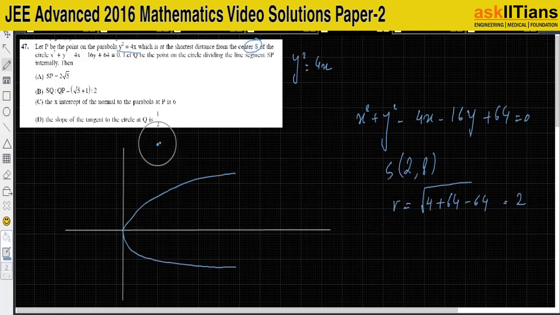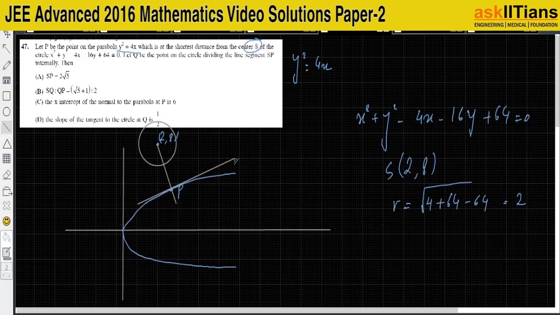Yeah, this center is 2, 8, and from here there is a point P which is at the shortest distance, right? So point P will be along the common normal, right? Shortest distance is always along the common normal. So this line is normal to the parabola also, and it is normal to the circle also.